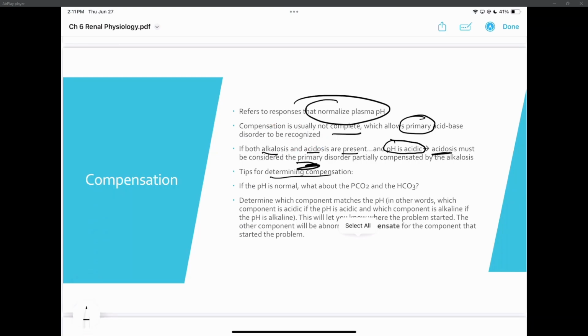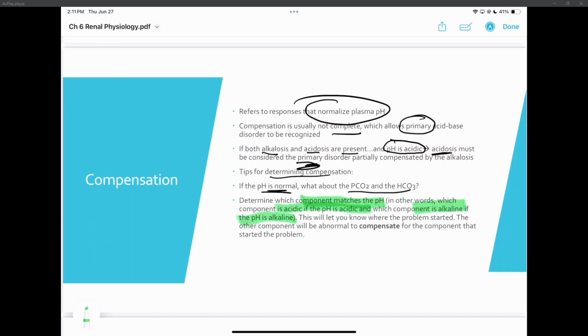Tips for determining compensation. If the pH is normal, what about the CO2 and the bicarb? So what we need to do, let's go to a highlighter. Which component matches the pH? In other words, which component is acidic if the pH is acidic, and which component is alkaline if the pH is alkaline?